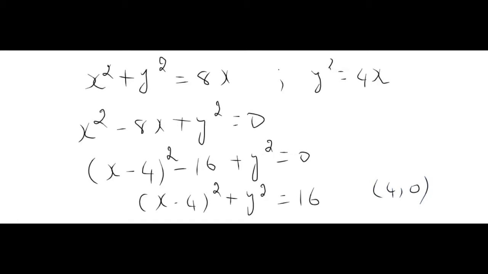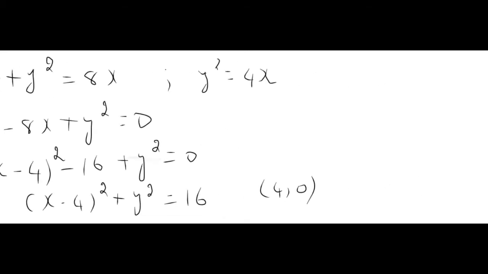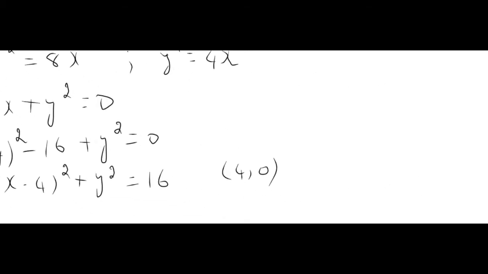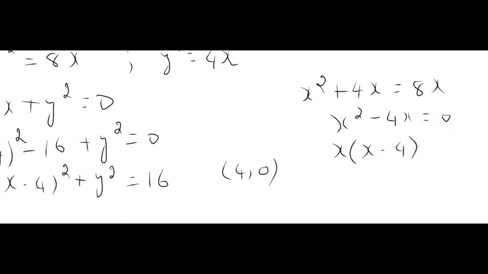Now, for the point of intersection of these two curves, in place of y squared, let me put 4x. So I'll get x squared plus 4x is equal to 8x, or x squared minus 4x is equal to 0. Taking x as a common factor, I get x times (x minus 4) is equal to 0. From this, x can be 0 or x can be 4. When x is equal to 0, y is equal to 0.